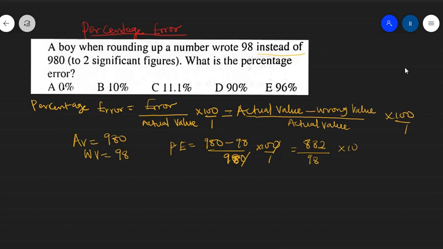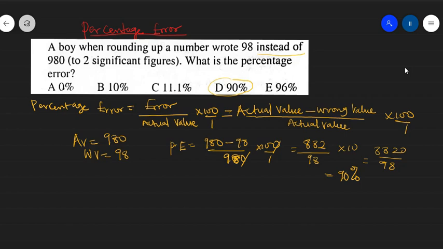If you do the math, you're going to have 8820 over 98, which is equal to 90%. Which is option D in this question, 90%. So 90% is the deviation of this number from the correct value.